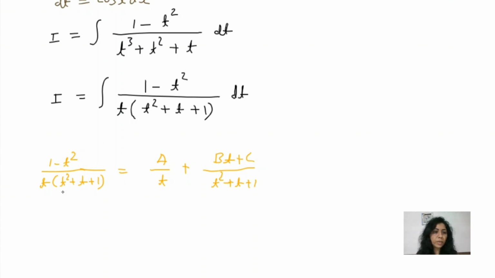Now remove the denominator, so multiply the whole equation by this part: 1 minus t square is equal to a multiplied by t square plus t plus 1 plus b t plus c multiplied with t.